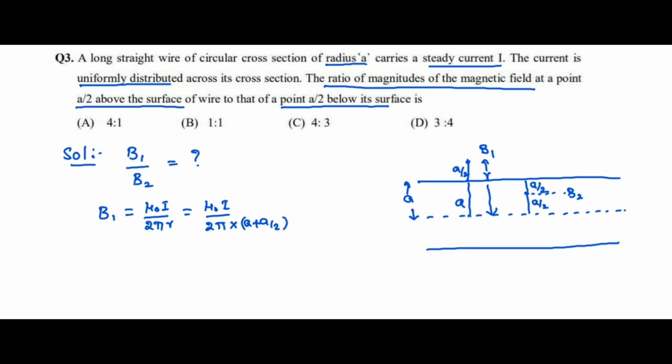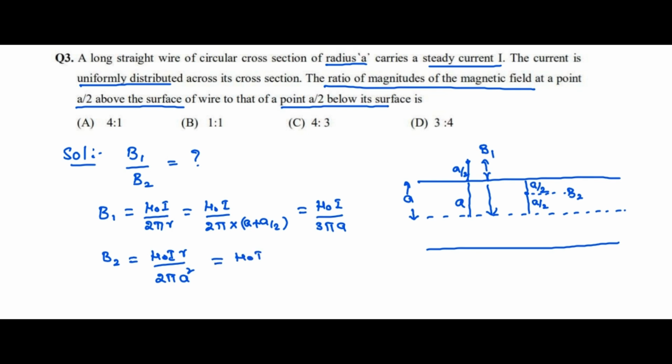That is equal to mu naught I divided by 3 pi A, we will get it. And B2 is equal to mu naught I R divided by 2 pi A square. This is the formula for magnetic field inside the conductor at distance R from the axis.